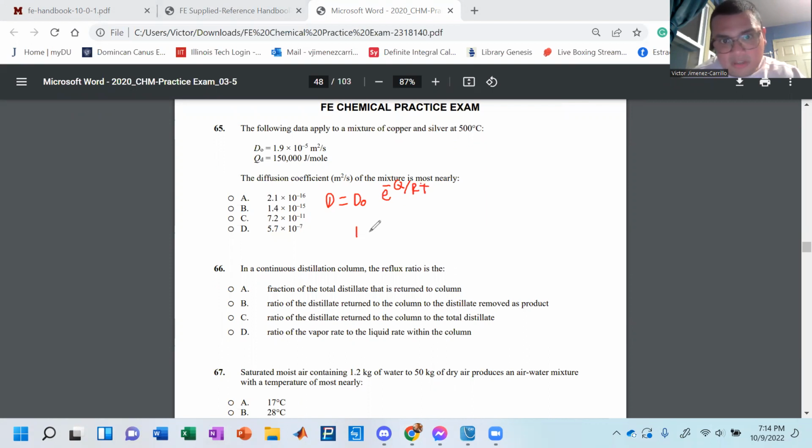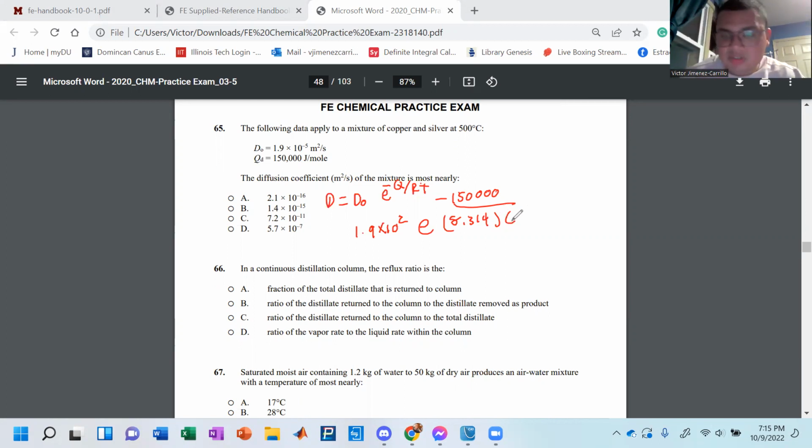D naught is 1.9 times 10 to the negative 5th meters squared per second, e to the power of negative 15,123 joule per mole divided by R, which is 8.314, multiplied by T, which is 500, but it has to be in Kelvin.